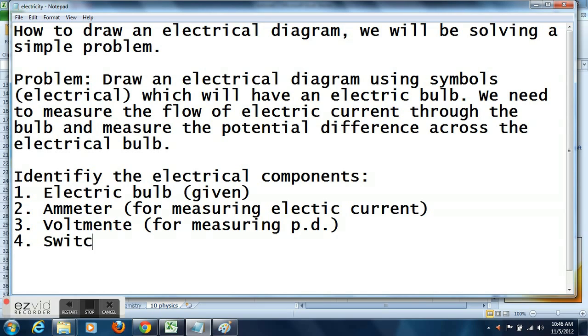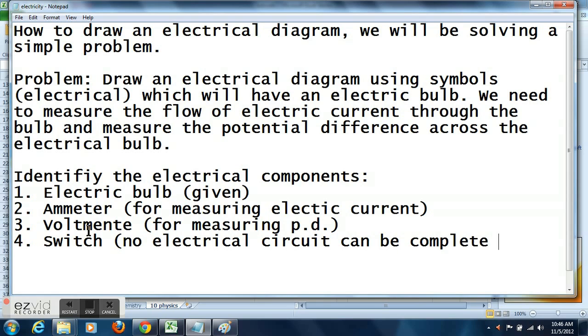Fourth thing that we need is a switch. Without a switch you cannot complete any electric circuit, as you cannot imagine a car without a brake. Likewise, no electrical circuit is complete without a switch.